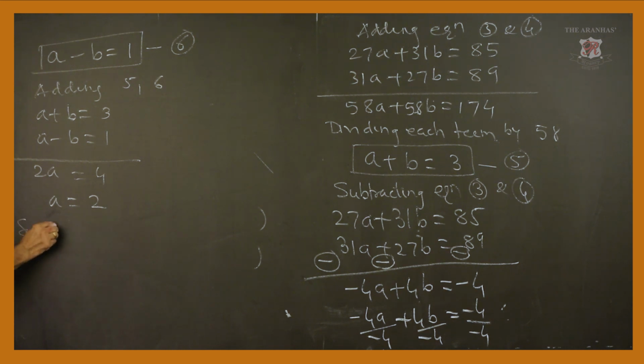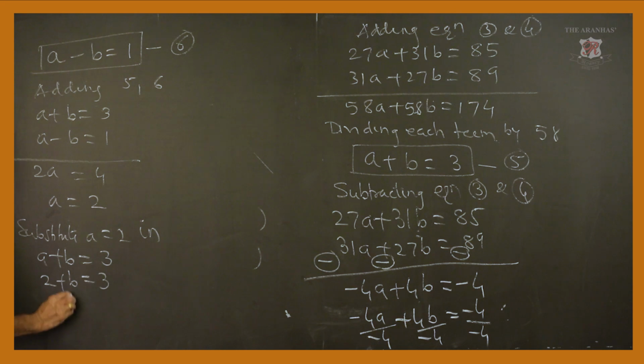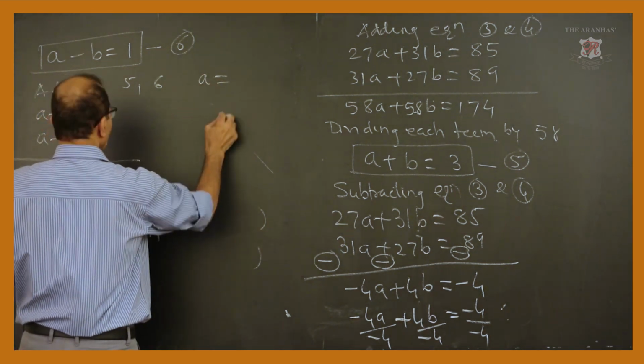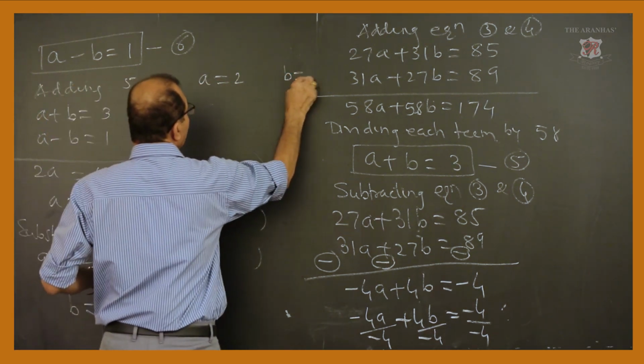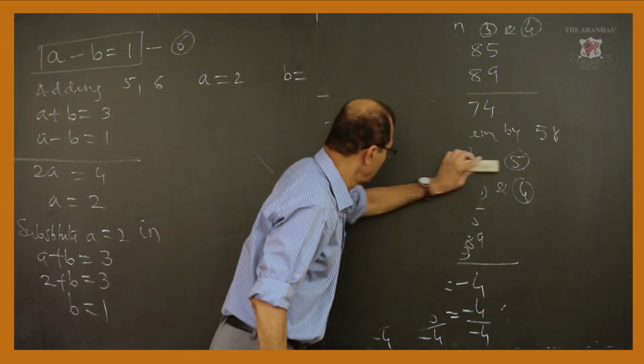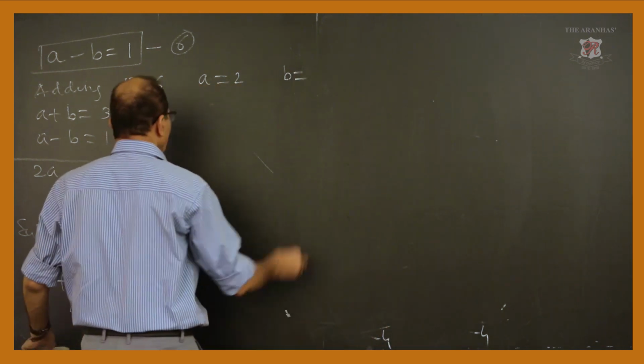Substitute a is equals to 2 in the simple equation a plus b is equals to 3. So 2 plus b is equals to 3. So b is equals to 1. So what I got is a is equals to 2 and b is equals to 1.